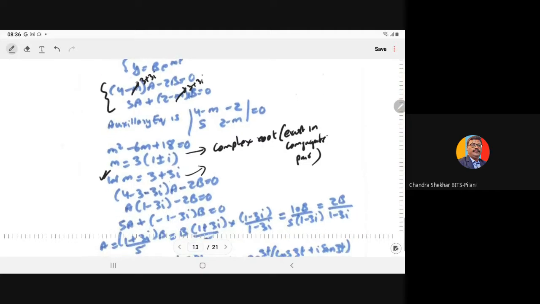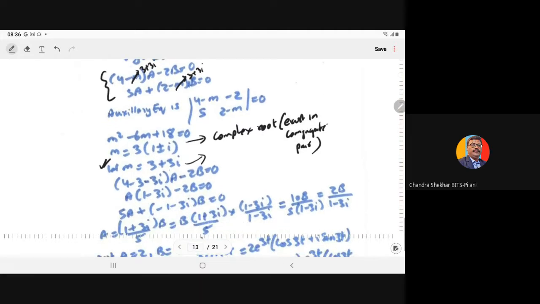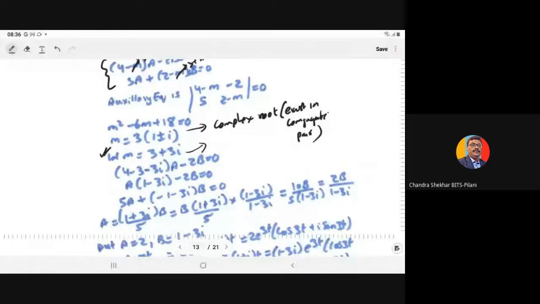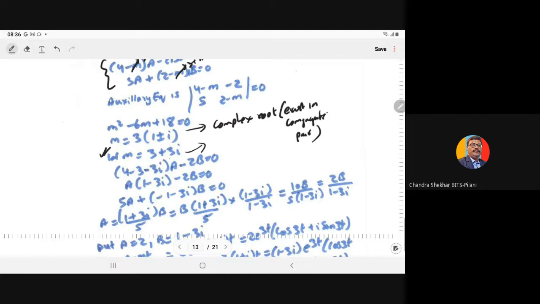When we put 3 plus 3 iota, we have (4 minus 3 minus 3 iota) a minus 2b is equal to 0, so it becomes (1 minus 3 iota) a minus 2b is equal to 0.